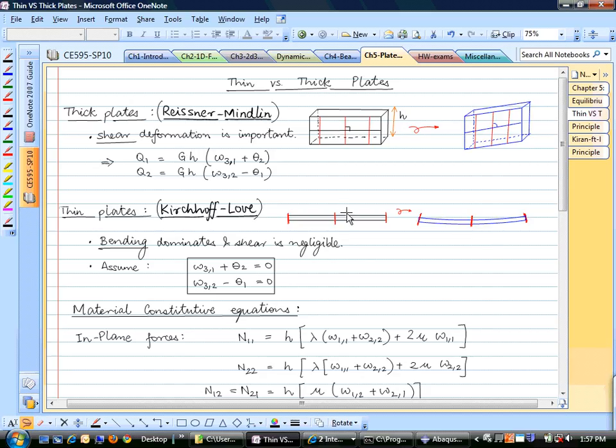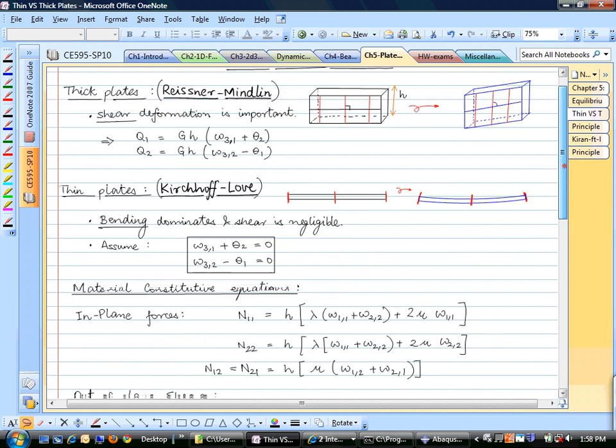Similar thing happens here. If this is the centroidal surface and this is the needle, and we assume that shear strains are zero, then this needle always remains perpendicular to this centroidal surface. So a needle that is initially perpendicular to the centroidal surface need not remain perpendicular when there is shear deformation. But when there is no shear deformation, the needle that is normal to the surface remains normal to the surface.